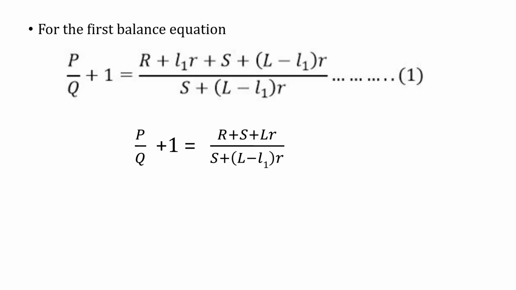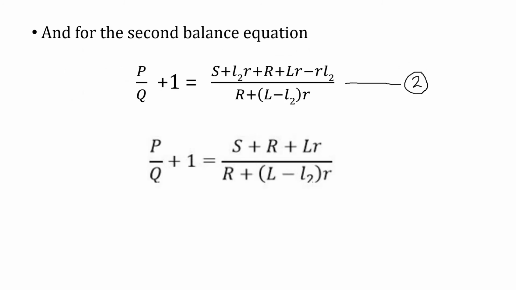If we add 1 to the first balance equation, P by Q plus 1 is equal to (R plus L1 r plus S plus (L minus L1) into r) divided by (S plus (L minus L1) into r). And finally, we get P by Q plus 1 equal to (R plus S plus L r) divided by (S plus (L minus L1) into r).